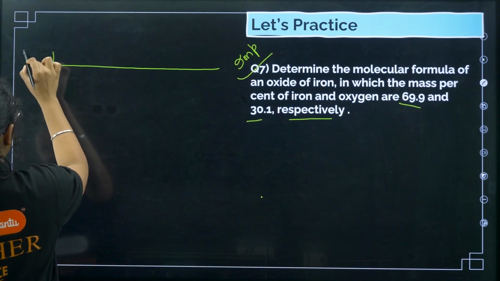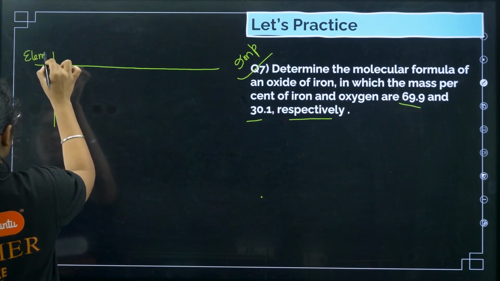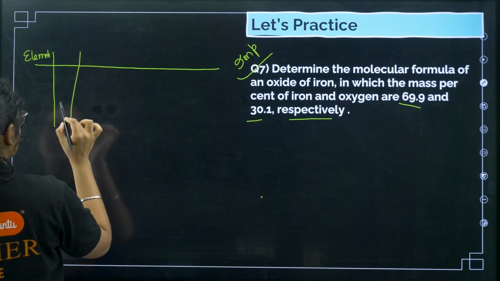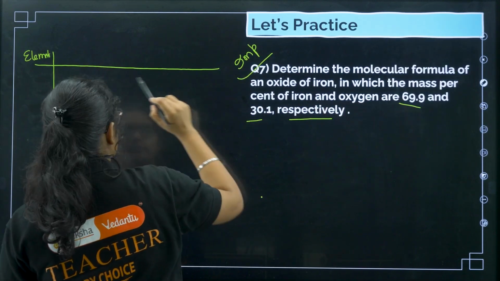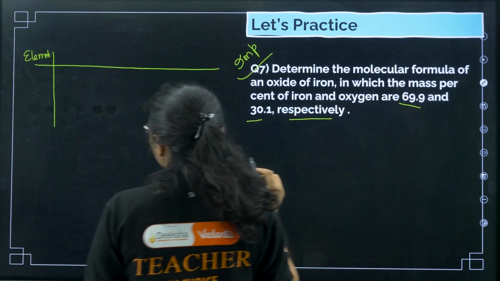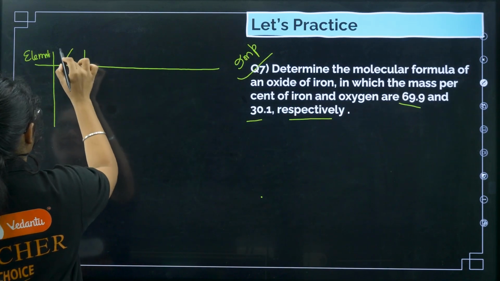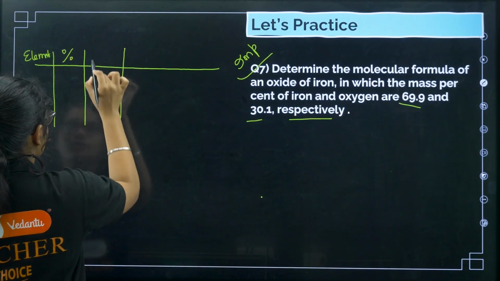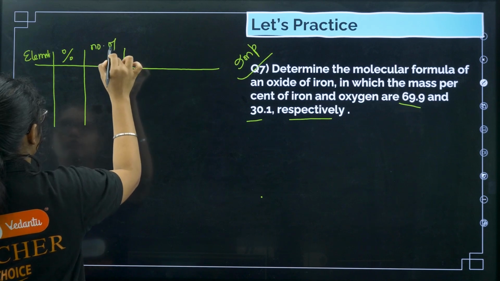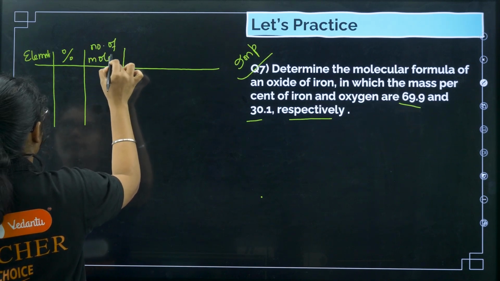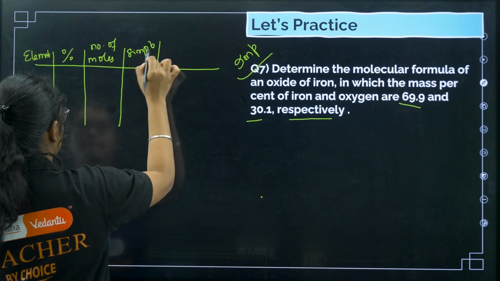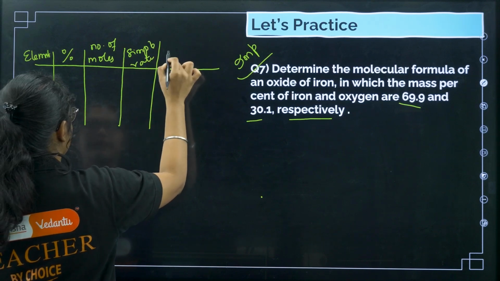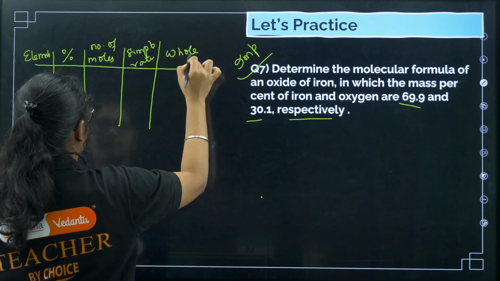In the first column, element name you need to write. Second column will be the percentage that is given. Third column you need to find out number of moles. Then here you want to find the simple ratio. And next one is whole number ratio.